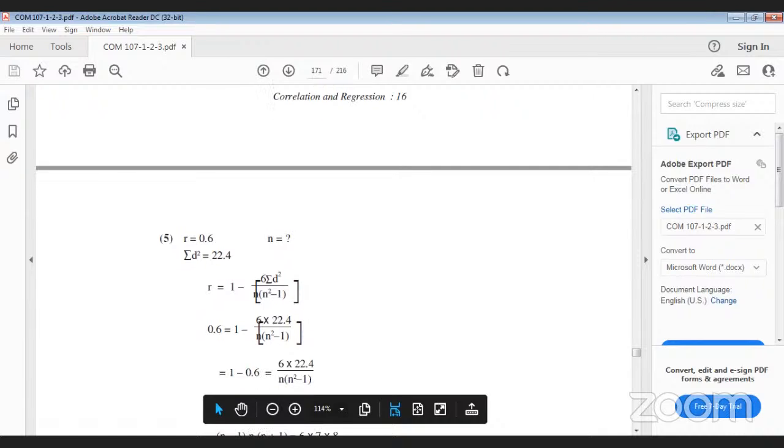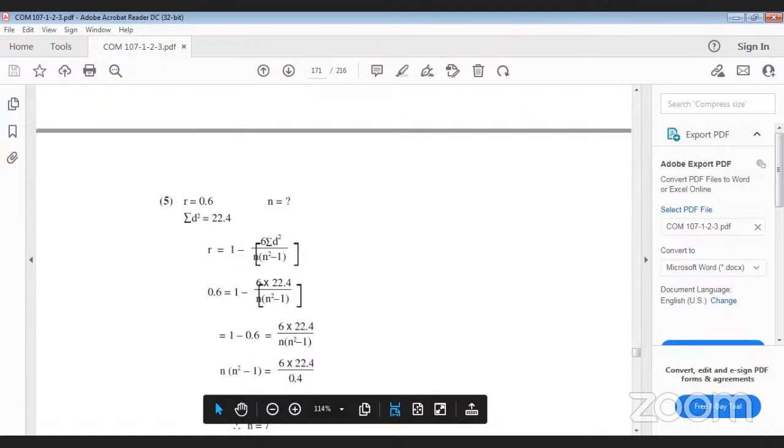Then 1 minus 0.6 is equal to 6 into 22.4 upon N into bracket N square minus 1.